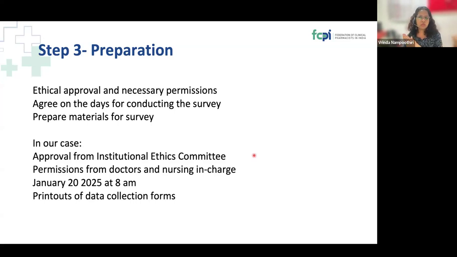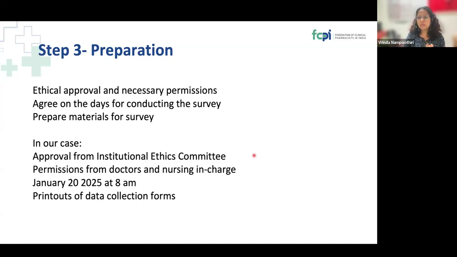Coming back to our case scenario, say we have decided on which ward we are going to do the PPS. Before we do the PPS, like for any other study, you have to get institutional ethical approval. So before you initiate the PPS, you have to go to your ethics committee and get the necessary approval.